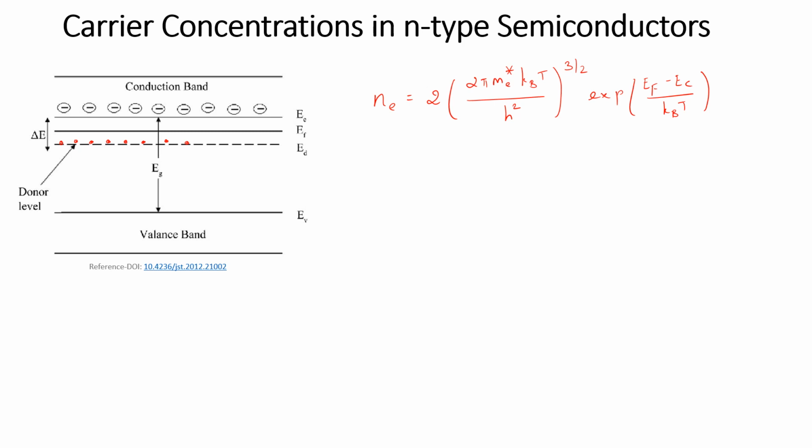So instead what I can do is, in the donor level, after the electrons are jumping into the conduction band, holes are going to be created, is it not? So if I find out the concentration of the holes, it is nothing but the same electrons that have gone into the conduction band.